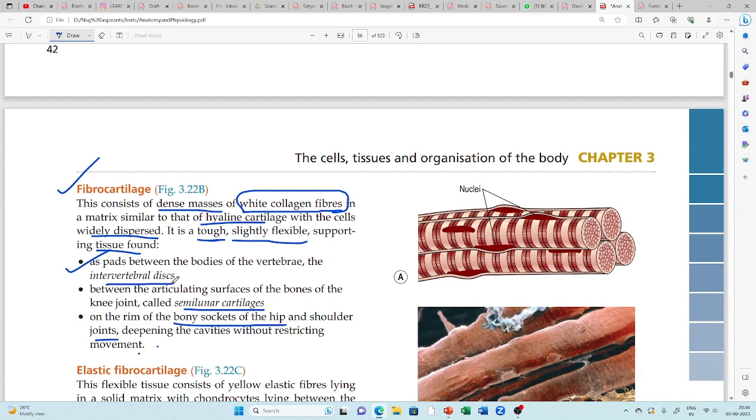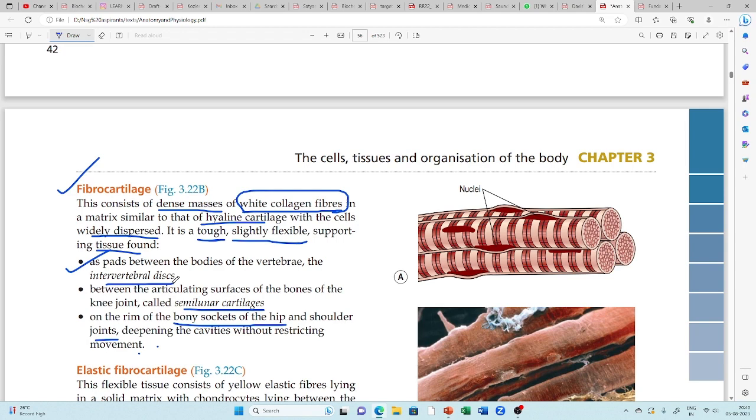But for now, just know that in between each and every vertebra there is an intervertebral disc made up of fibrocartilage, to protect our vertebrae and prevent rubbing or friction between them. That intervertebral disc is made up of fibrocartilage.